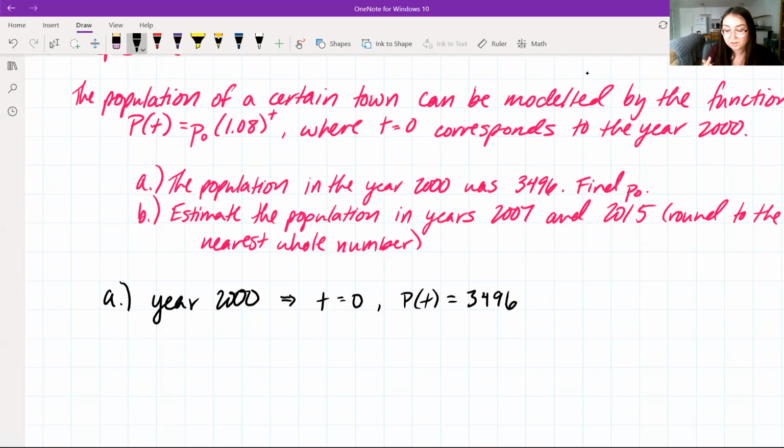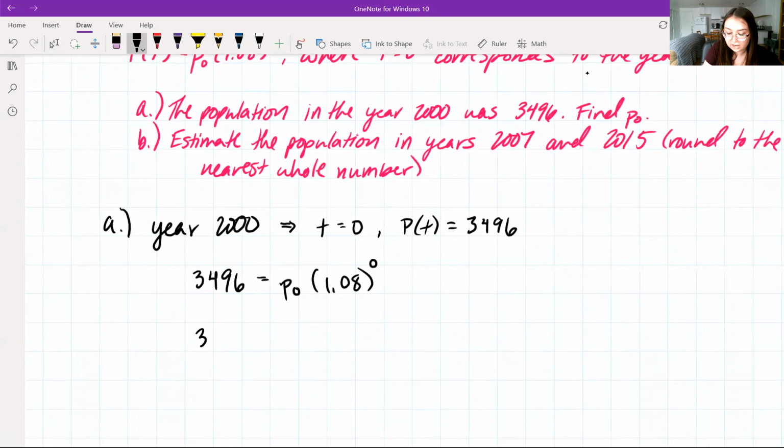So we say P of t, which we know is 3,496, is equal to P naught times 1.08 to the power of t, which in this case we know that t is equal to 0. So we're going to get 3,496 is equal to P naught, since we know that 1.08 to the 0 power is just going to be equal to 1.